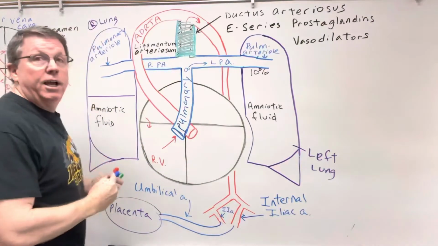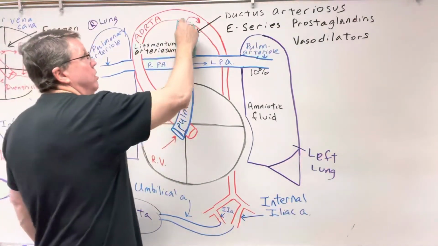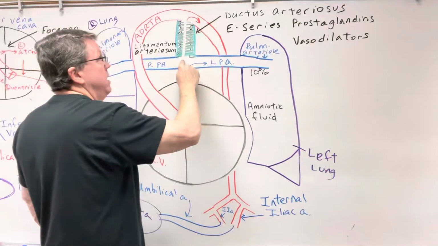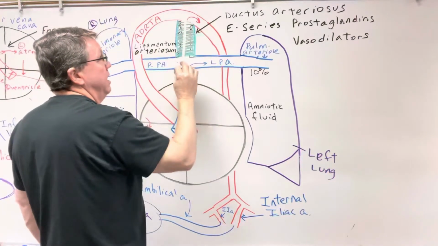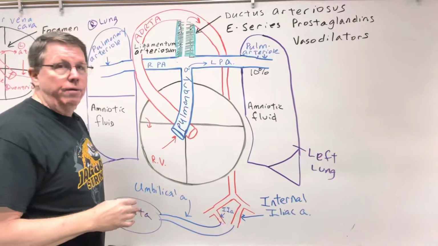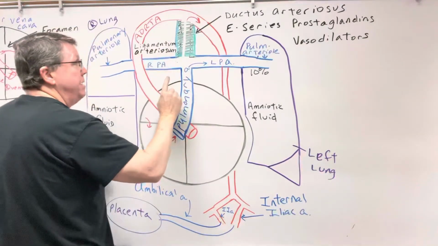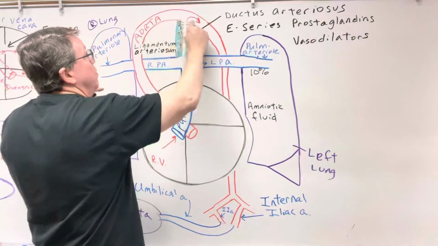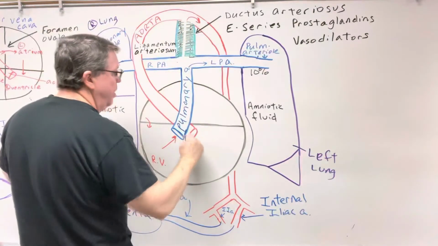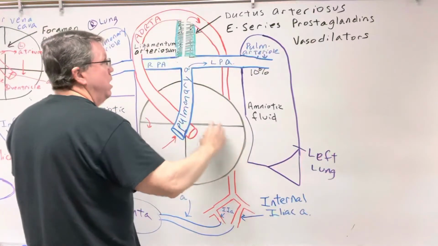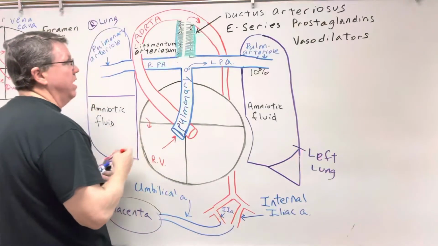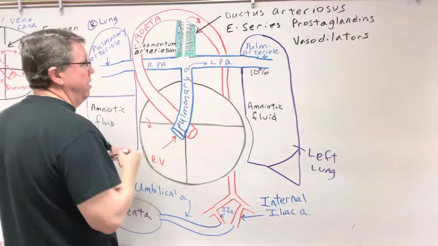Now, sometimes what will happen is this won't close completely and we'll have an opening here. When this doesn't close completely, that's called patent ductus arteriosus. What's happening now is we're going to have more pressure in the aorta, because remember, this has to pump blood all the way out to the body. We're going to have more pressure in the aorta now than in these pulmonary arteries.